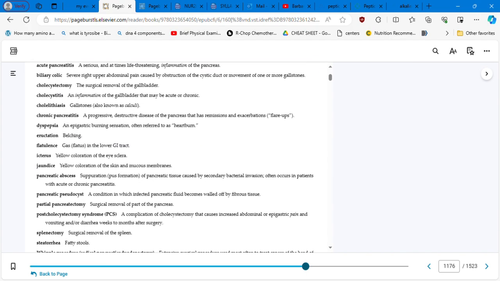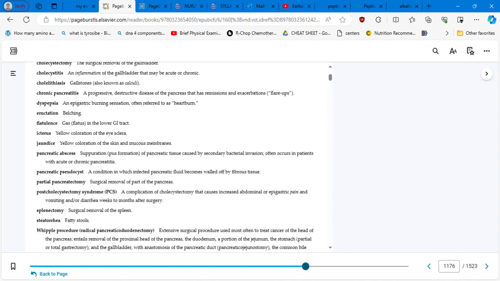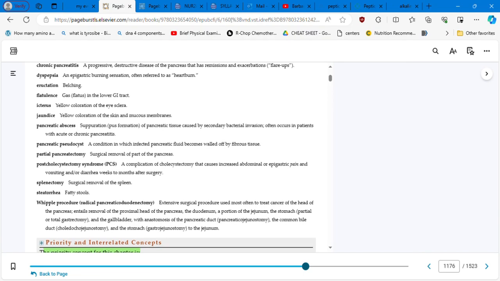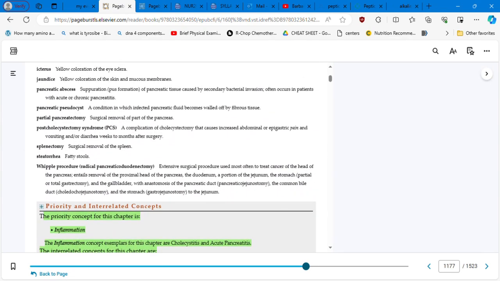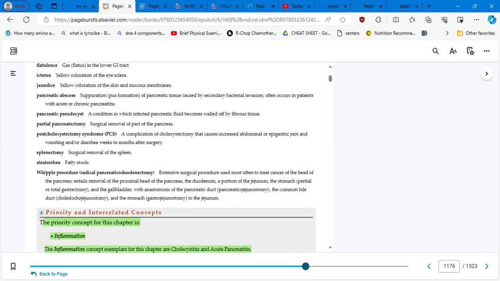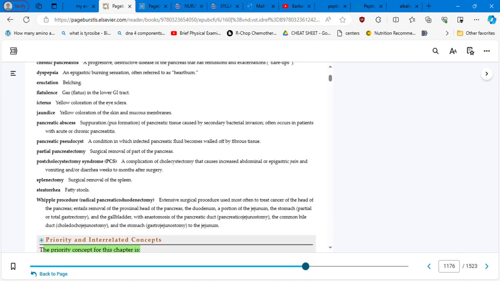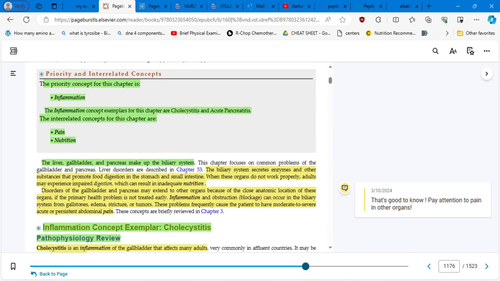So we're going to talk about pancreatitis and cholecystectomy. Also, we're going to discuss different concepts like cholelithiasis, icterus, which we know as jaundice, steatorrhea, and the Whipple procedure in the future, diseases in this chapter, okay?